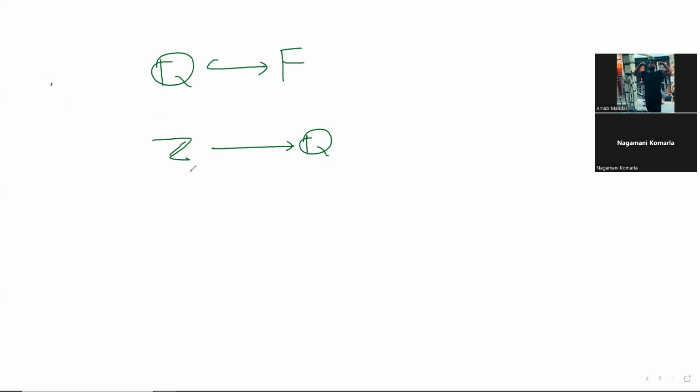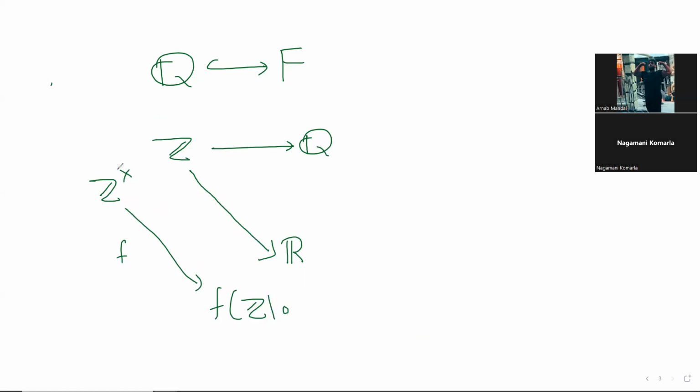That if you have a ring homomorphism from Z to any ring R, where the image of Z cross becomes invertible, right? Where maybe F, so F of Z cross, maybe I should not write Z cross, I'll just write Z minus 0.